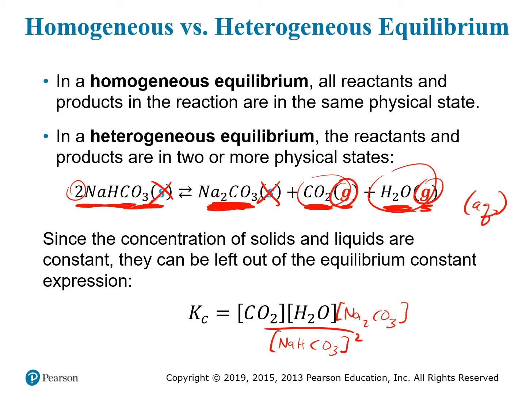So I could write this whole thing out, but then I have to recognize that this is a solid, and so I get rid of it, and this is a solid, and so I get rid of this, right? Or you can think about it as getting rid of them or setting them equal to 1. Okay? And so what we're left with are the concentrations of the two gases, carbon dioxide and water vapor. Okay? In this case, by the way, water is only included because it's explicitly said that it's in the gas phase. If the water produced were in the liquid form, which it sometimes is, then you leave that out as well.